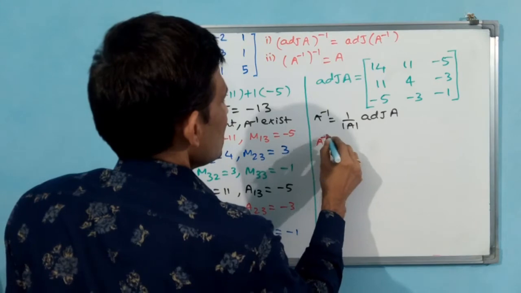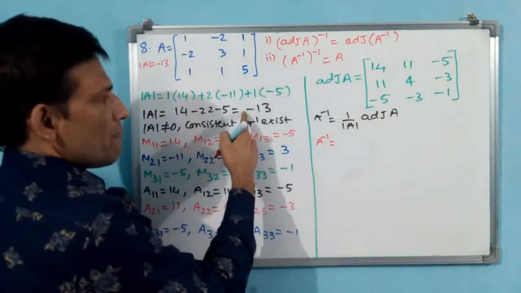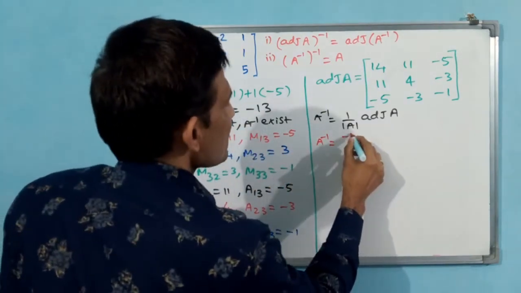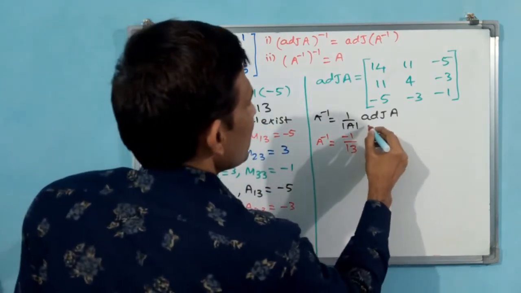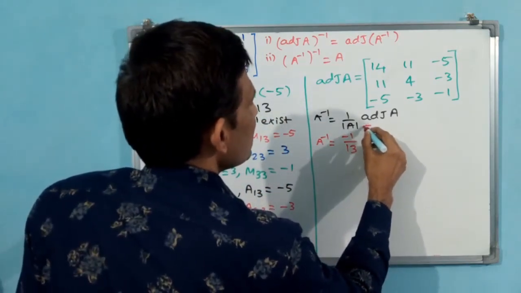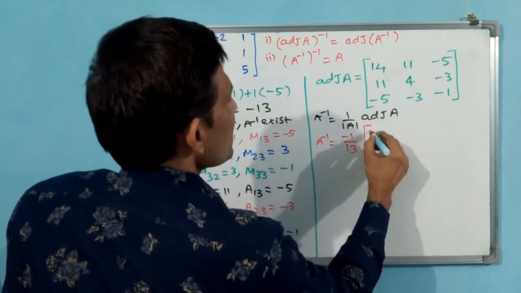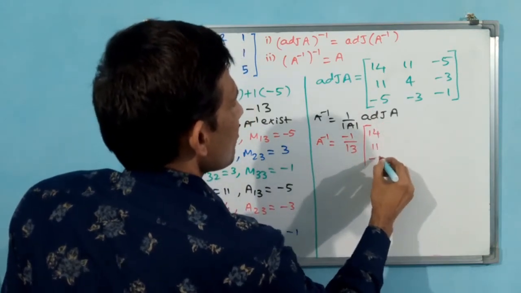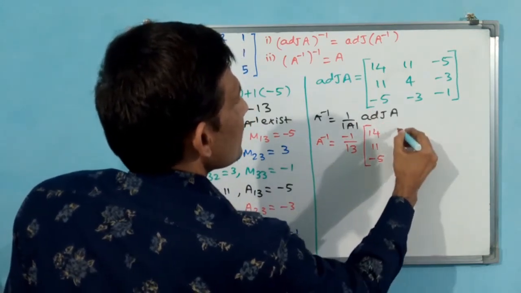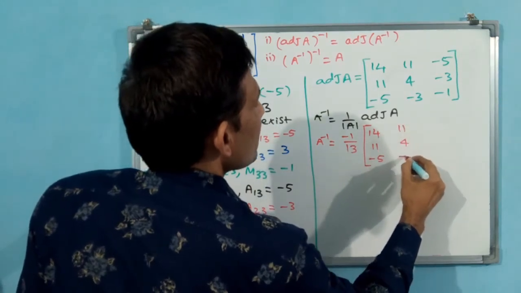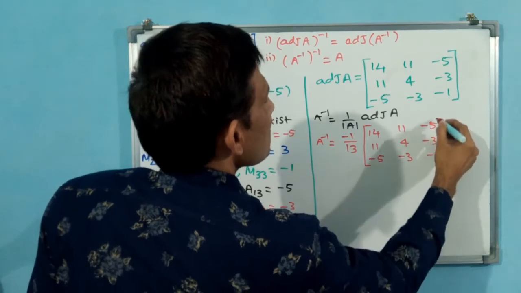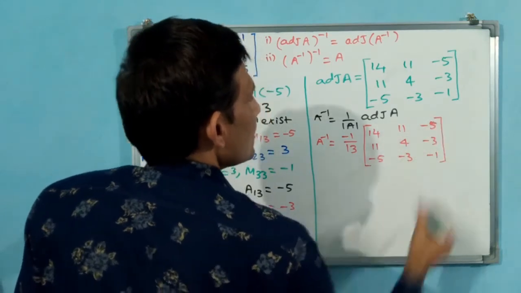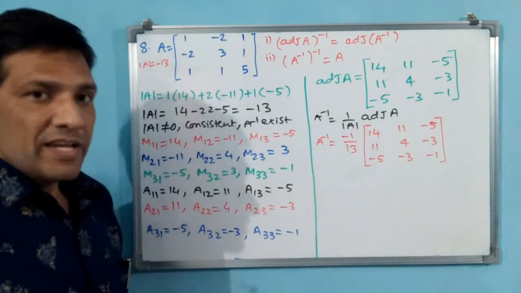A inverse is equal to 1 by minus 13, so I will write minus 1 by 13 into 14, 11, minus 5, 11, 4, minus 3, minus 5, minus 3, minus 1. See, this is our A inverse.